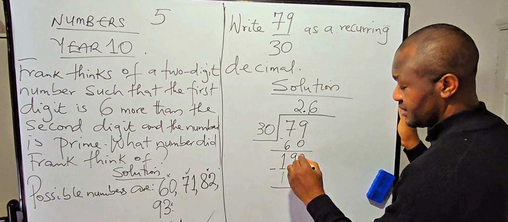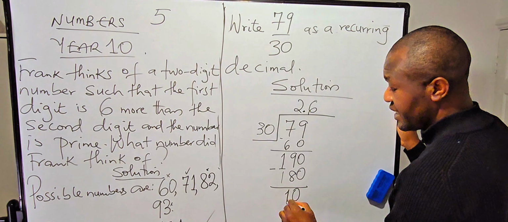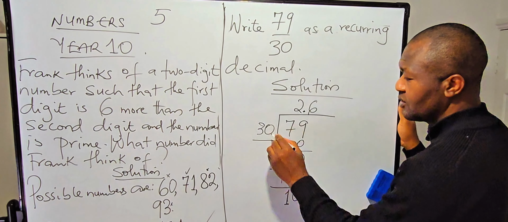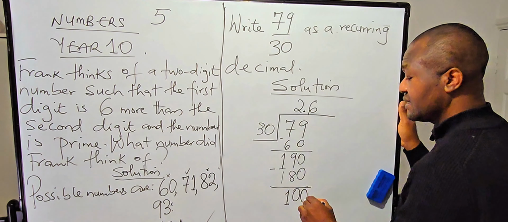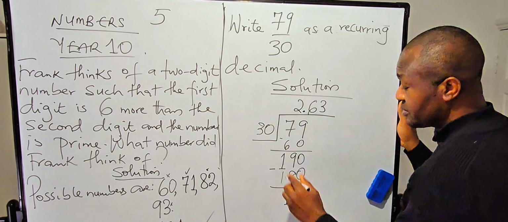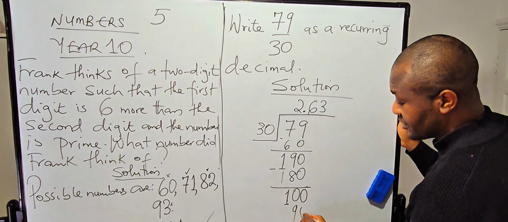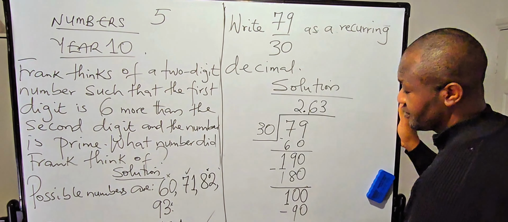You subtract, and this minus this will give you 10. 30 into 10 cannot go, so you add another 0. 30 into 100 will give you 3 times. 3 multiplied by 30 will give you 90. Subtract again, you get 10.